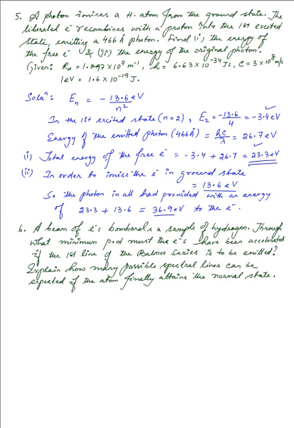For the first line of Balmer series, we know that it goes from n equal to 1 to n equal to 3, and so the corresponding energy as well as the potential difference is to be obtained. Then we have to explain how many possible spectral lines can be expected if the atom finally attains the normal state. The normal state means the ground state of the electron, which in case of hydrogen is n equal to 1.